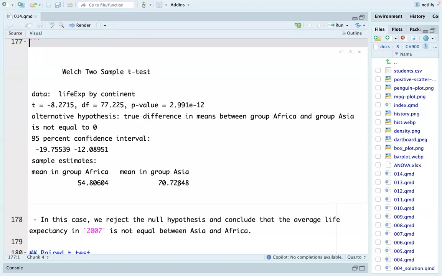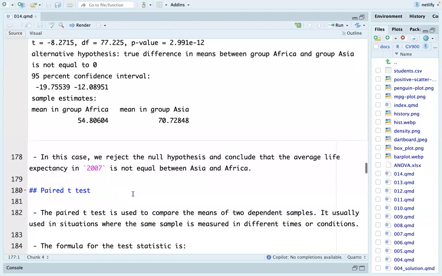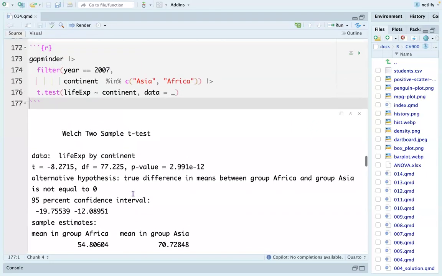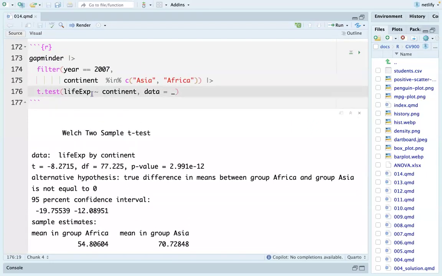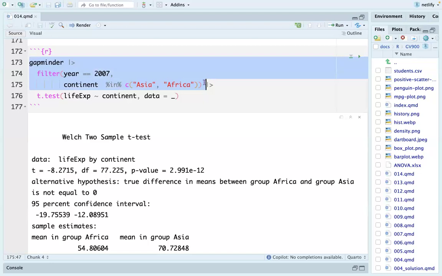We can see that Asia is pretty high, 70, and Africa is 54. It's a 16 year difference. So we reject. I forgot to mention that this data equals this one, which means we use the data we created in this step.